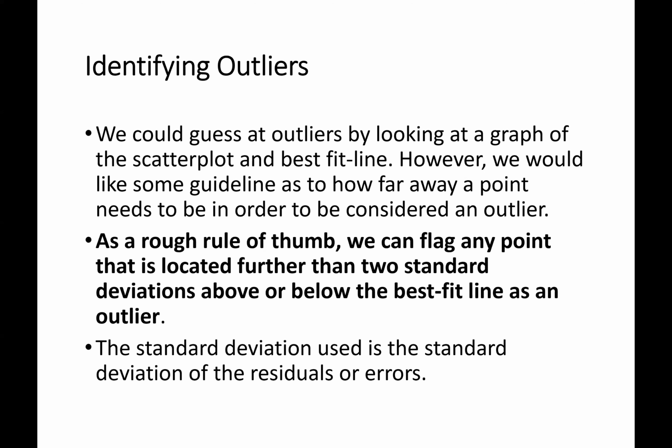When we looked at the data for the stories and the height of the buildings, that first building's residual, the distance it was from the best fit line, was more than 2 standard deviations from the best fit line. That made it a potential outlier. The standard deviation used is the standard deviation of the residuals, or the errors, and that's what your test calculates.